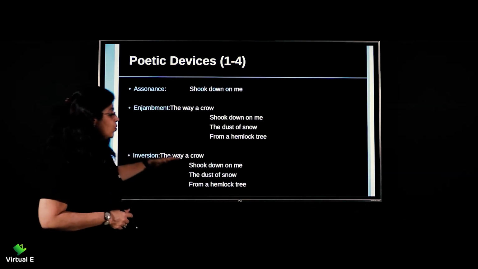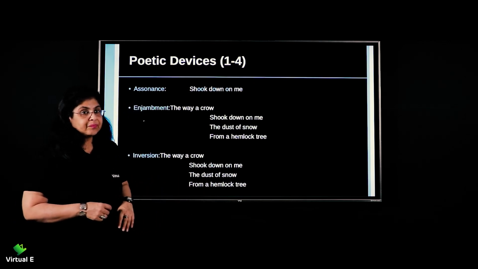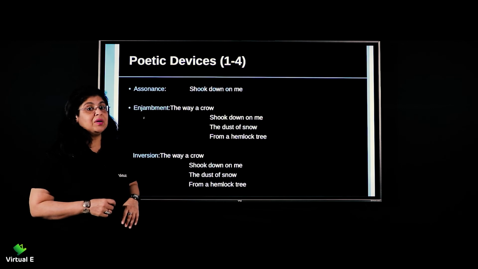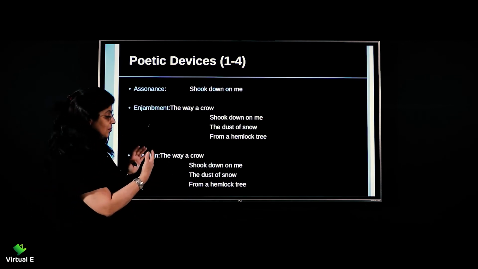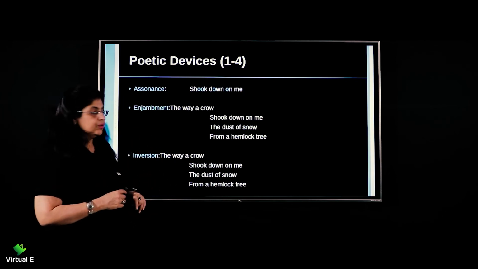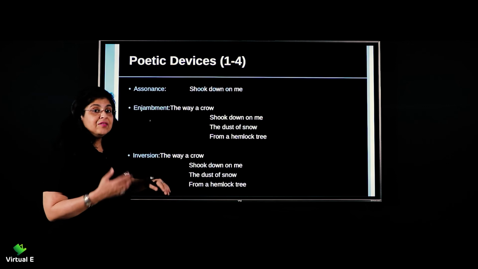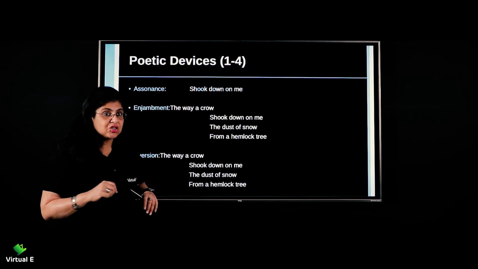Inversion. The way a crow shook down on me the dust of snow from a hemlock tree. Now, what was inversion, if you remember? If you find it difficult, maybe you're doing it for the first time, you can refer to the slide. It's there before. Inversion is where the placement of the words has been changed, right?